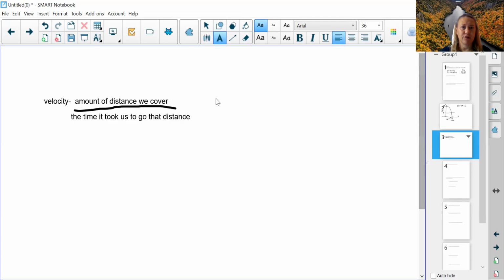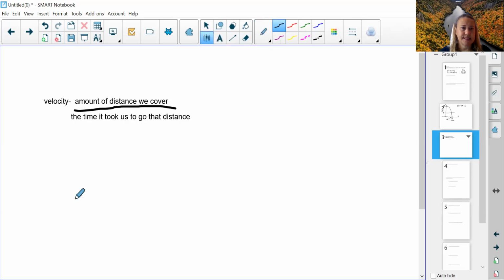So we have to figure out the amount of distance we covered from 1 second to 2 seconds, and then compare that to the amount of time it took us to go that distance. A symbol for average velocity is sometimes written with a fancy V, like V average, to show that it's average velocity.